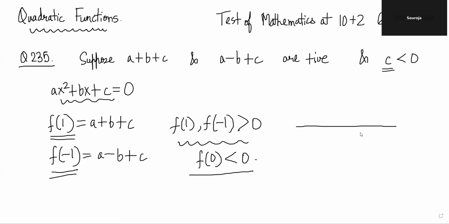So how do you already know the answer now? Tell me. It's like both roots lie between minus 1 and 1, and c is less than 0. No, but you have to explain the reason. You can't just say the answer. Why is it both the roots lie between minus 1 and 1?